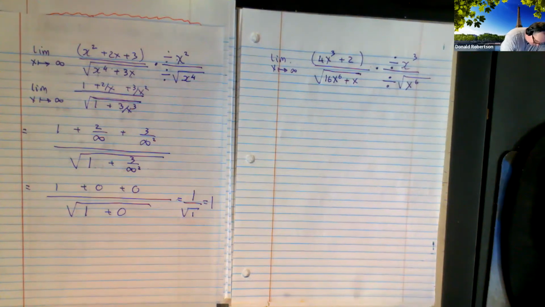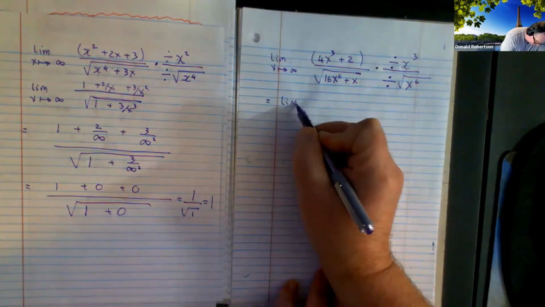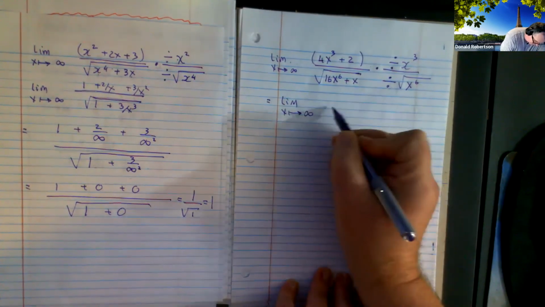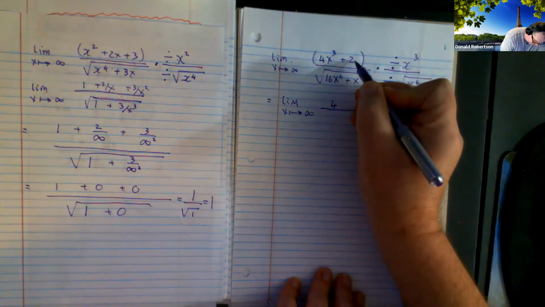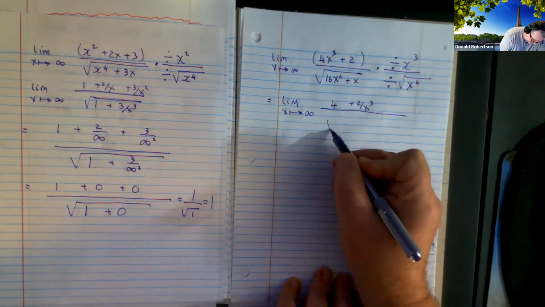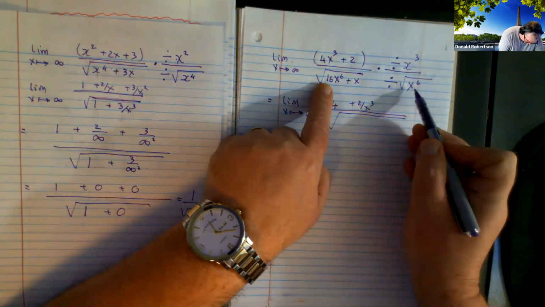So I'm now going to take each term and divide them by some version of x cubed. Divide that by x cubed, you get 4. Divide this term by x cubed, you get that ugly fraction. And on the bottom, we're going to divide everybody by the square root of x to the 6.